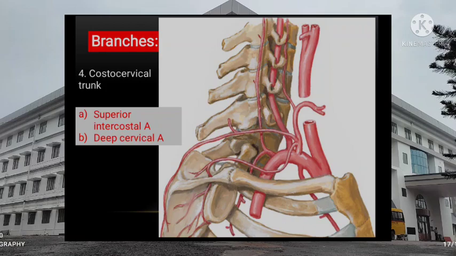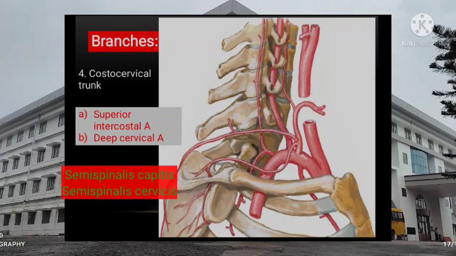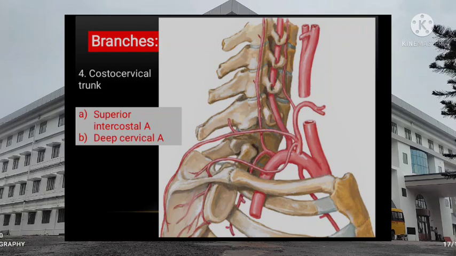It then ascends between the semispinalis capitis and semispinalis cervicis and anastomoses with the deep division of the descending branch of the occipital artery.